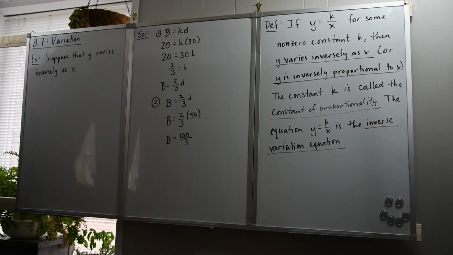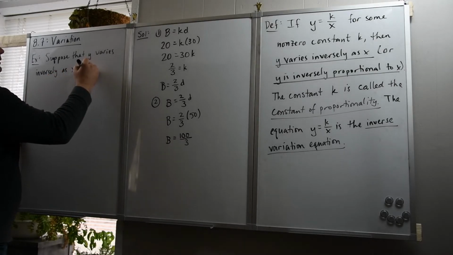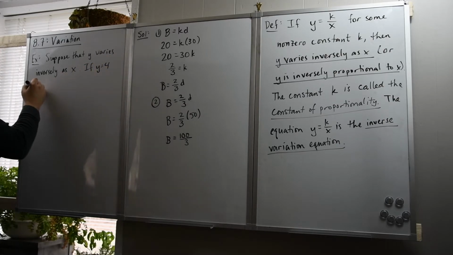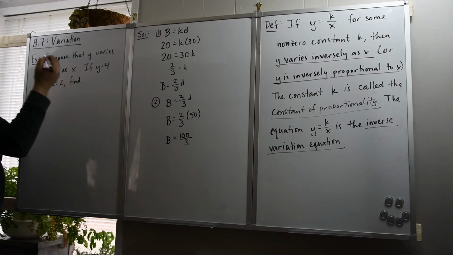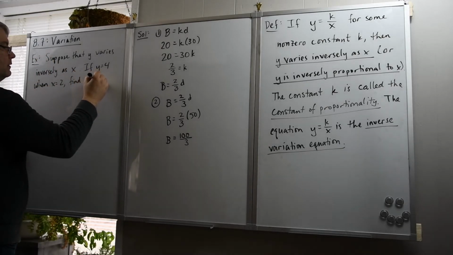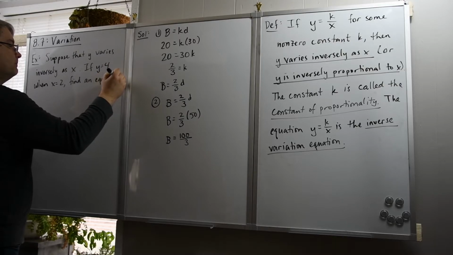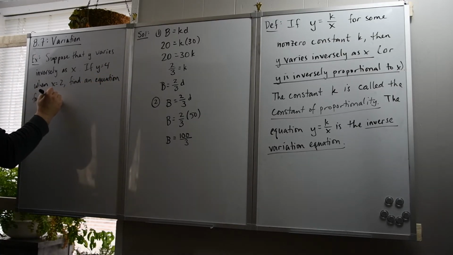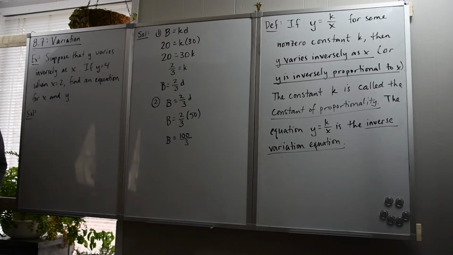So we're going to figure out, if y is equal to 4 when x equals 2, then what is an equation for x and y? So again, y varies inversely as x. So if y equals 4 when x equals 2, find an equation for x and y.